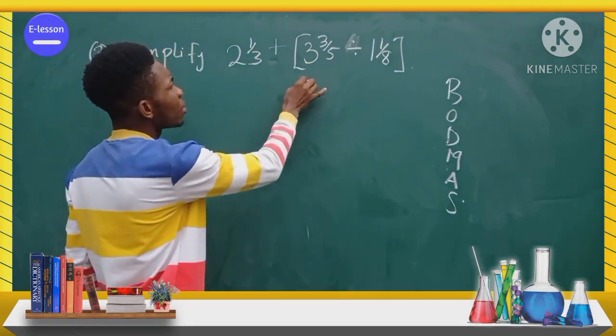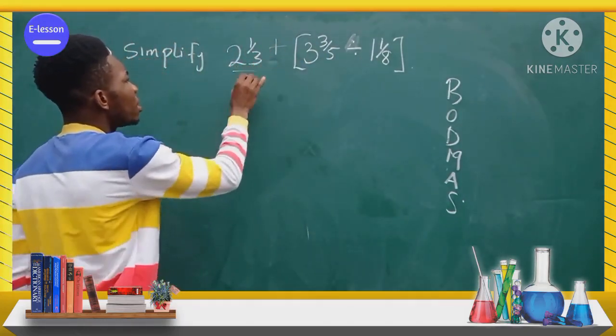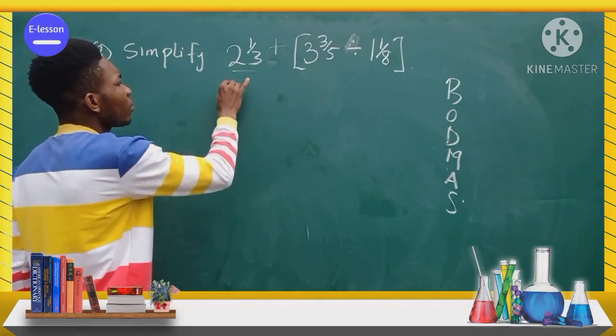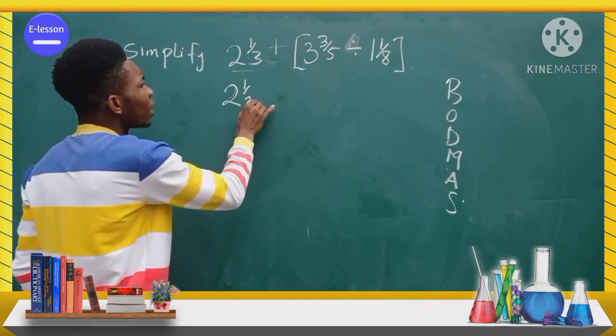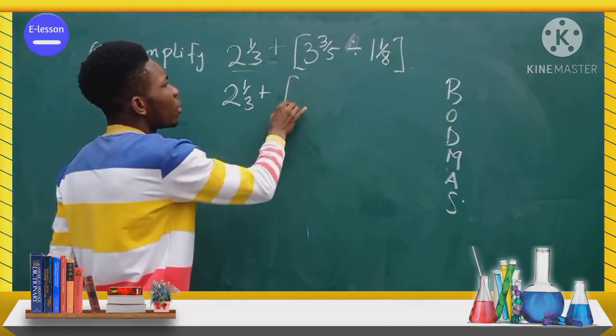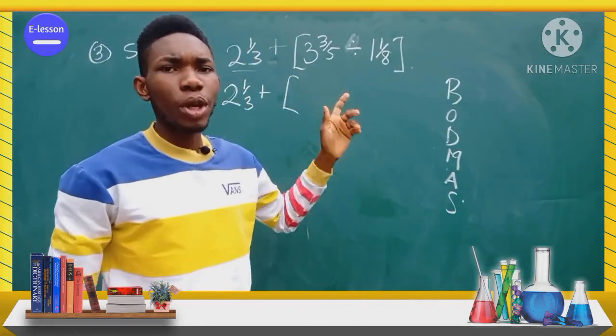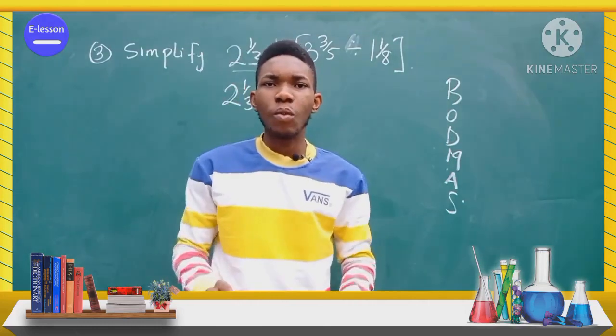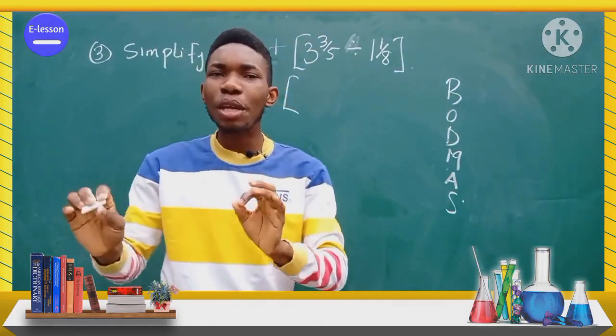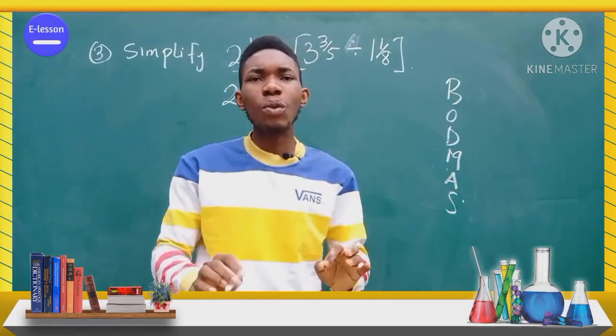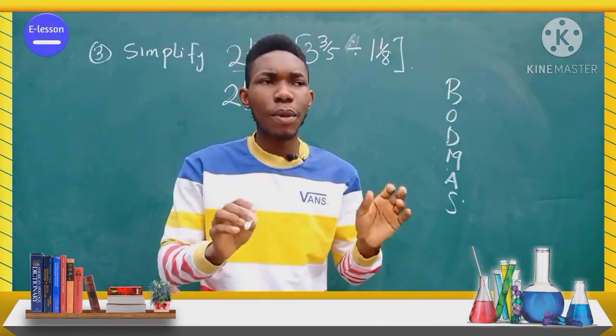Working on the bracket, let's repeat this. So we have 2 whole number 1/3 plus, first of all, we have to change this mixed fraction to improper fraction. How do we change mixed fraction to improper fraction?